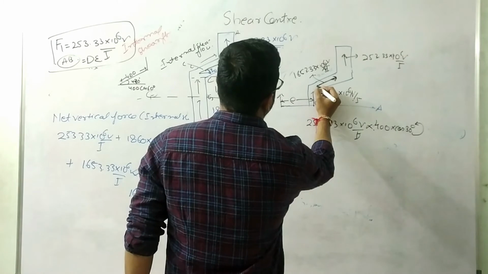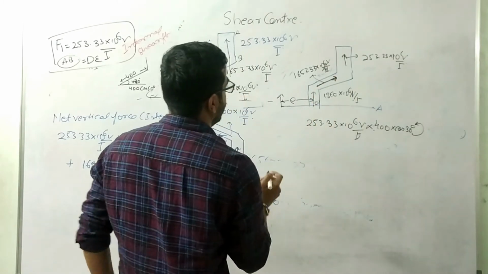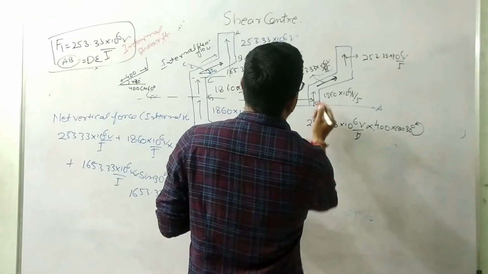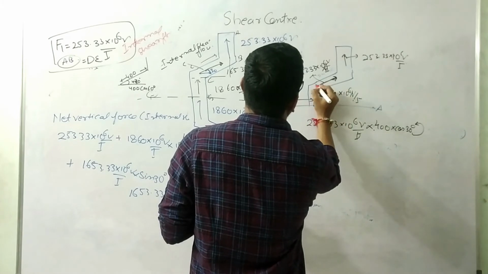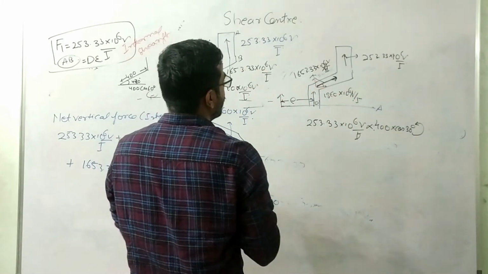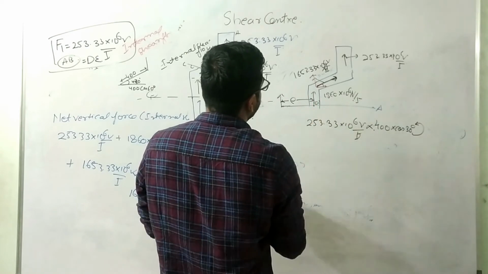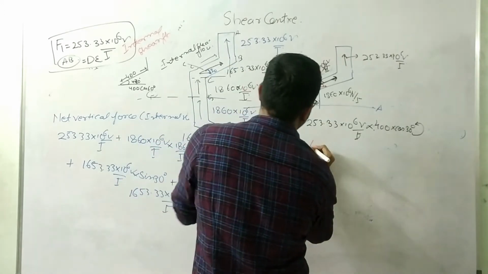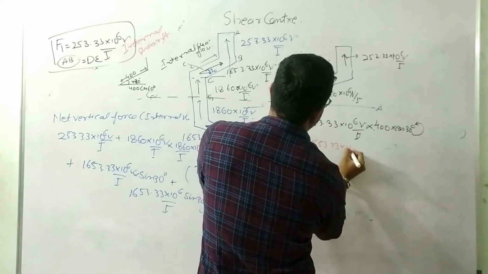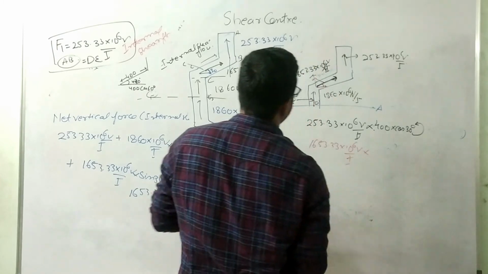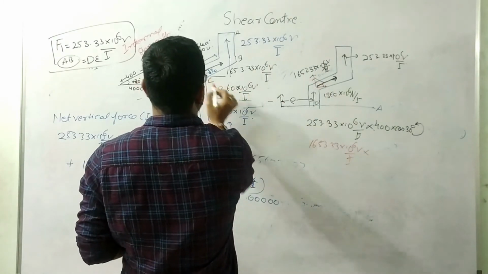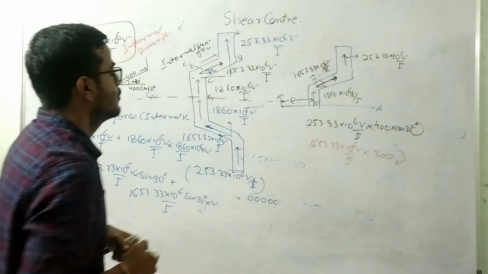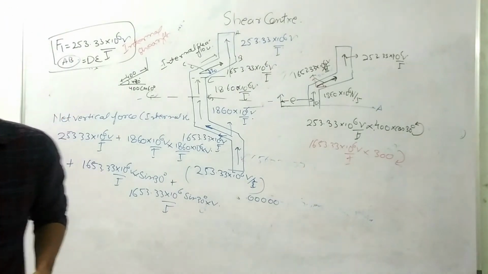Due to this force in this segment, this is the x component and this is the y component. Due to the y component, the force passes through point O, so it will be 0. I just need to take the horizontal component. Due to the horizontal component, it will be 1653.33 × 10^6 V over I into this distance, which is 300, and the direction is clockwise.